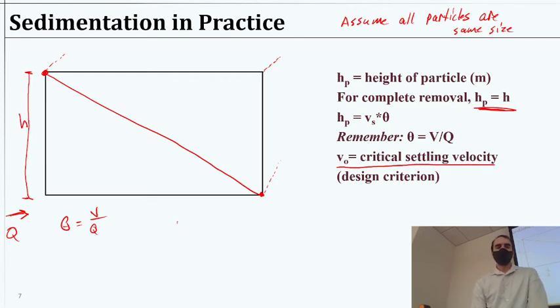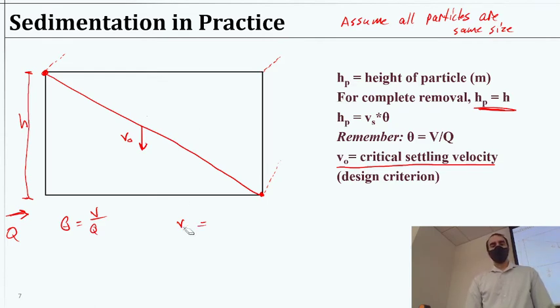We're going to say that V naught is going to be equal to, well, let's describe it this way. We'll say the downward velocity for the complete removal, the minimum speed at which you achieve complete removal, that's V naught there.